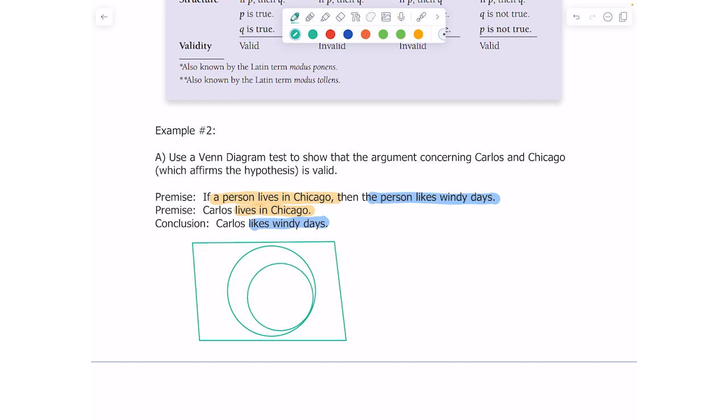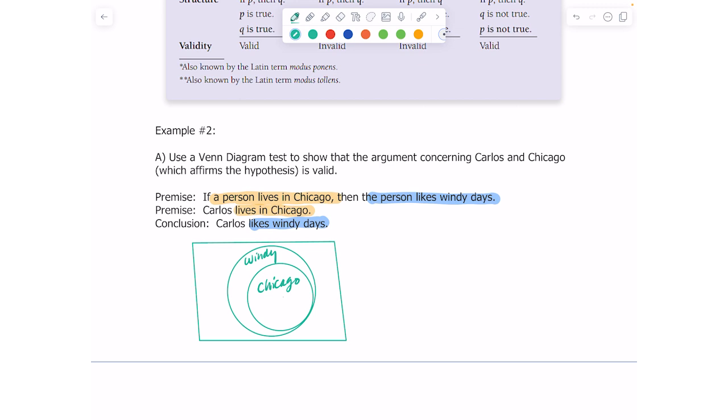All right, so my larger set would be likes windy days, because we know that if a person lives in Chicago, then they like windy days. So the windy days is going to be your larger set. And then the person living in Chicago would be your subset.